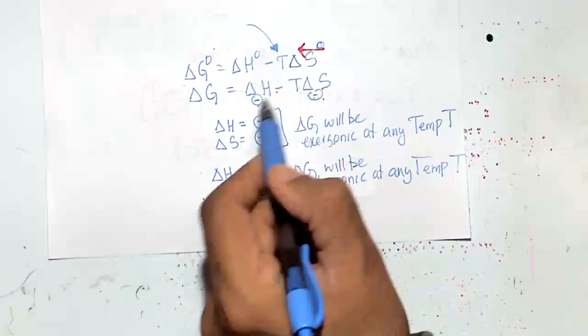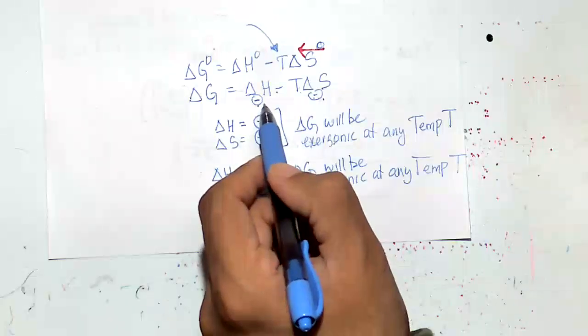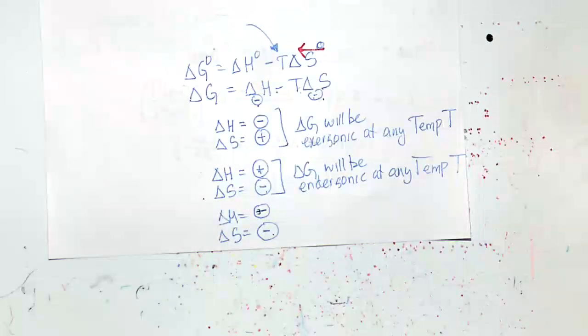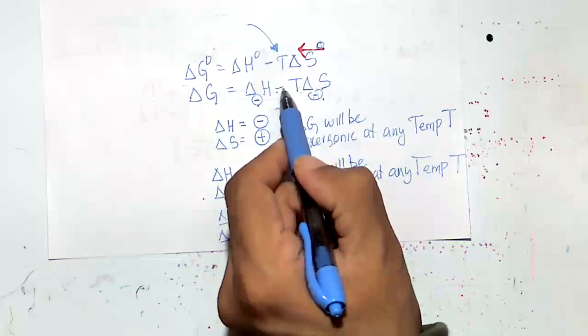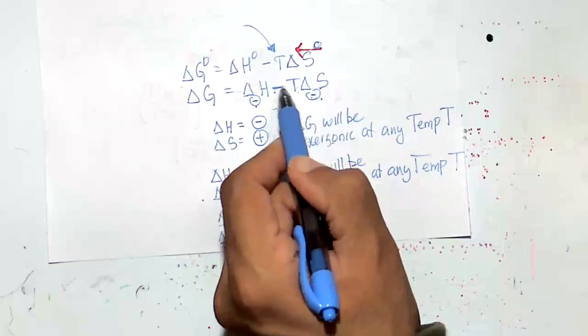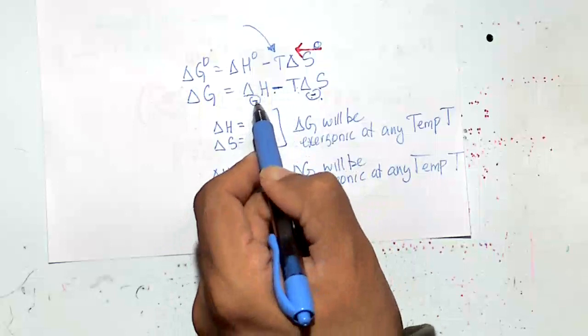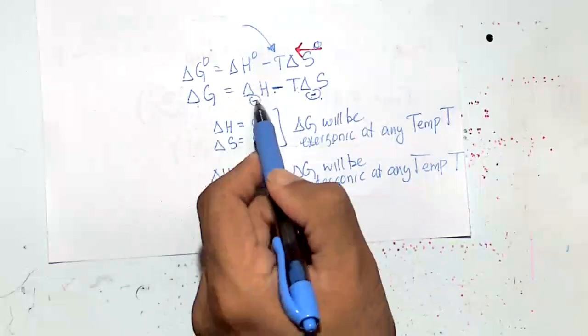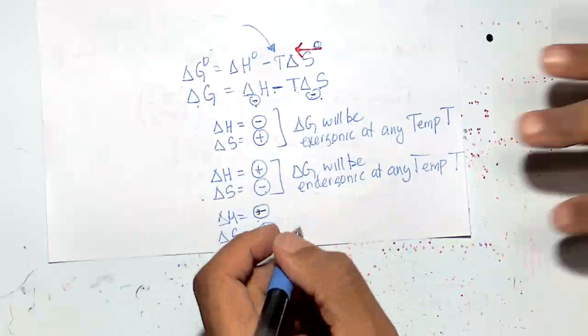Keep this as low as possible so that the delta H remains minus. Because remember, minus into a minus is plus. If this is going to be minus, to keep delta G minus, you want to lower the temperature.